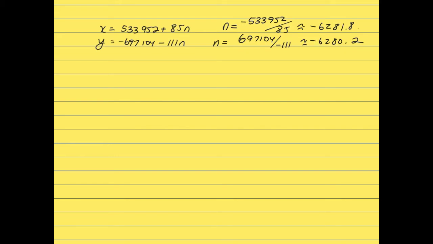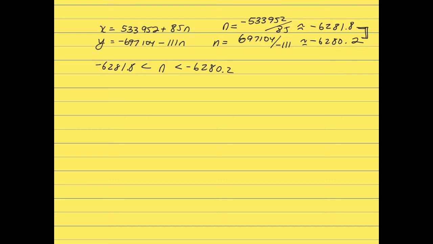So all the values in between these two numbers, and we're only interested in integer values, will give us a positive x and y. So what are the whole numbers between these two values? Think about those on the number line. We want the numbers n to be less than negative 6280.2 and greater than negative 6281.8.